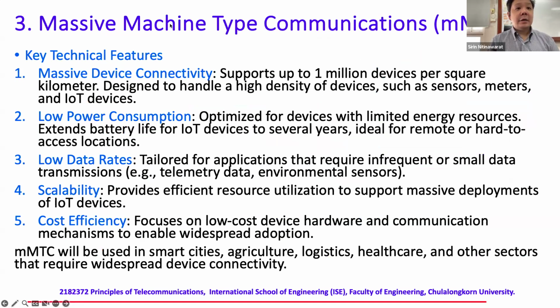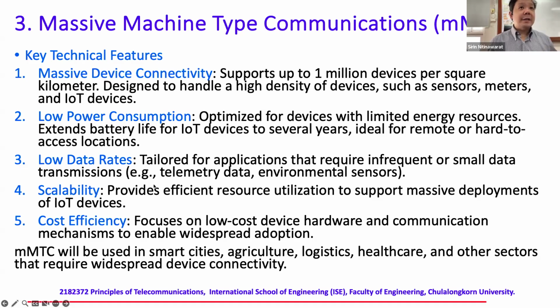Okay, last service category related to IoT. So here we're talking about applications related to massive device connectivity. And by that, I mean a lot of devices connected per area, something like 1 million devices per square kilometer.